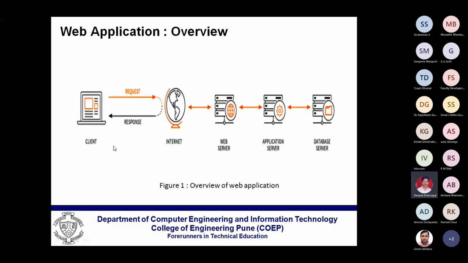But what actually happens behind that? At the trusted party, there is a web server, an application server, and a database server. Whenever you open a web application, initially you should be a valid or genuine user, so it requires credential information, that is, the login and password associated with you.